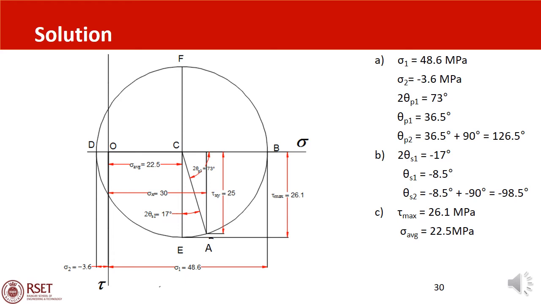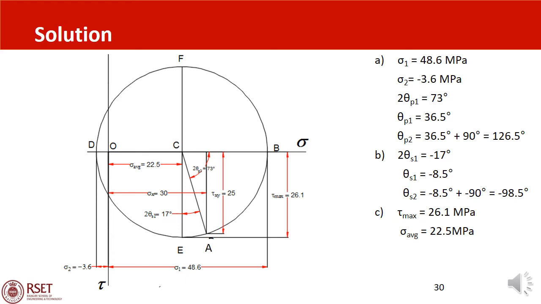So OB equal to sigma 1 is equal to 48.6 megapascal. Similarly, the minimum magnitude of the normal stress is along the line OD, and it is measured in the negative direction of the sigma axis, and hence the magnitude of sigma 2, the minor principal stress, is minus 3.6 megapascal.